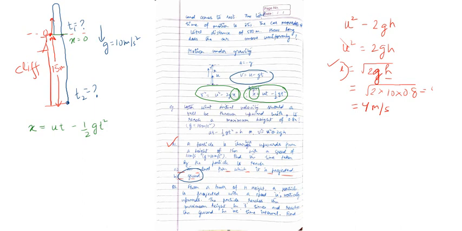We want the time at which the particle comes back to the level from which it is projected. When it comes back to that level, by simple observation it would be easiest to see that the particle is at x equal to 0. That is, it is back to where it started from.